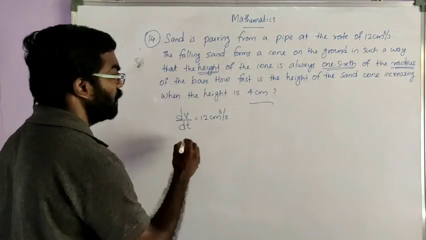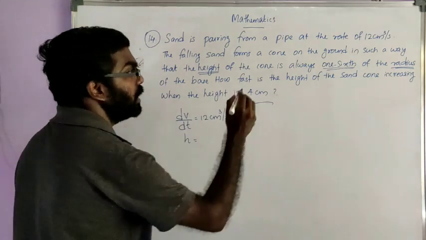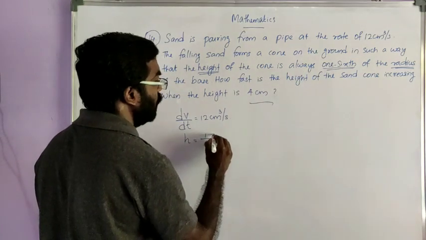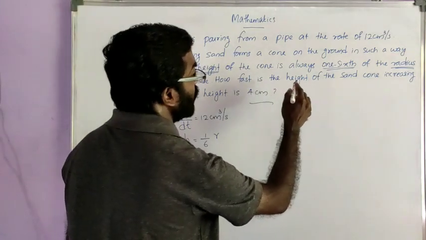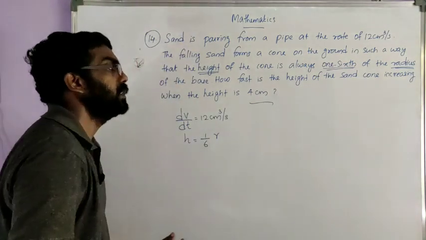The height of the cone can be taken as h. h is always 1/6 of the radius, that is 1 by 6 into radius r. How fast is the height of the sand cone increasing when the height is 4 centimeter?